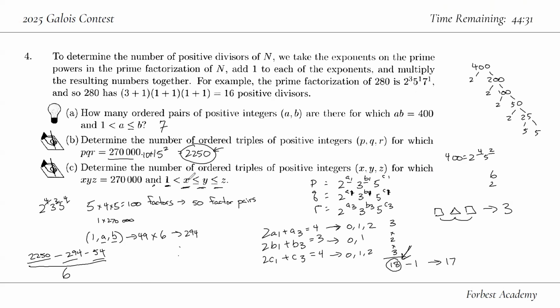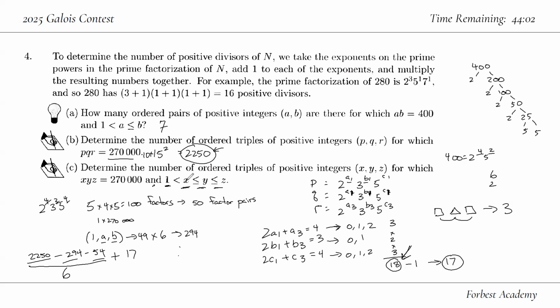where x is greater than 1, x is less than or equal to y, y is less than or equal to z. Actually, that gives us x is greater than 1, x is less than y, y is less than z. And now we have to add back 17. There are 17 ways of having x bigger than 1, x less than or equal to y, y less than or equal to z.